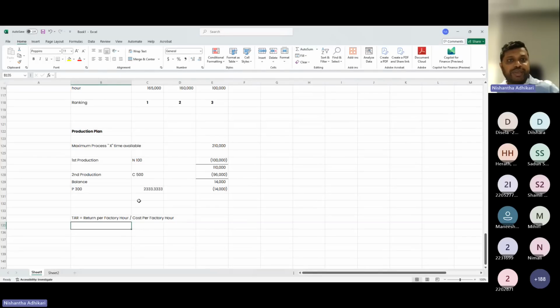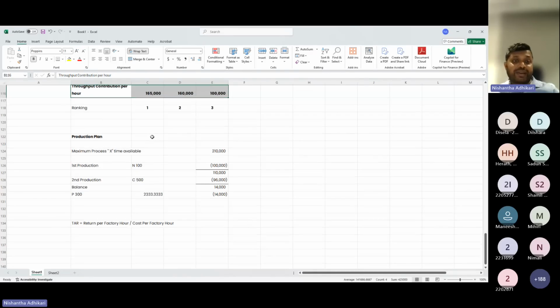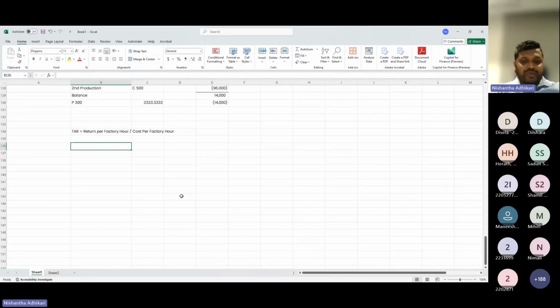Right, this is the ratio. Return per factory hour we have already calculated as throughput contribution per hour, but we have to find out the cost per factory hour. Now I'm going to calculate total factory cost first.